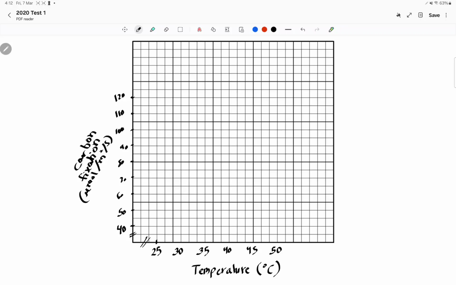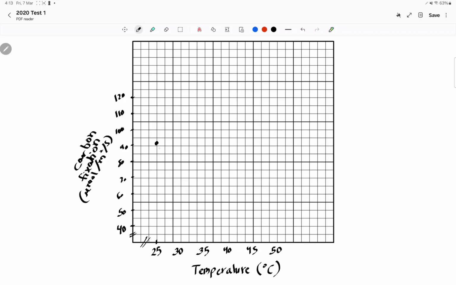Okay, so 25 is the temperature. Guys, look at the first row. It's 91, right? So go all the way to 91, which is like here.